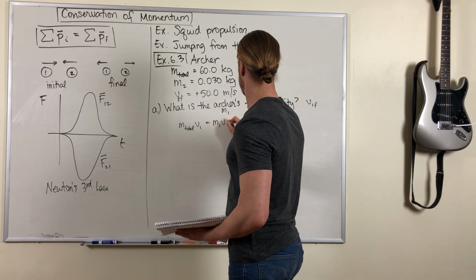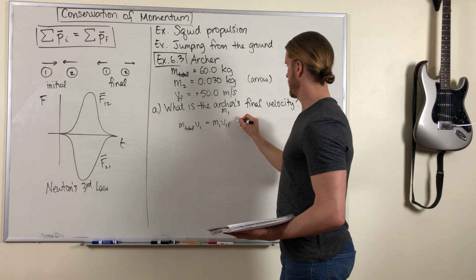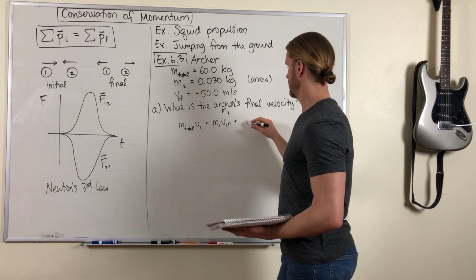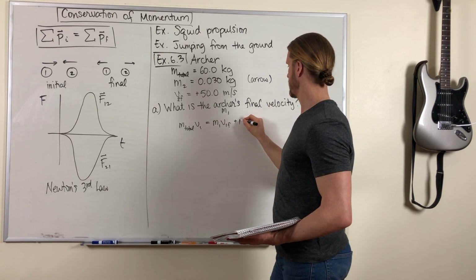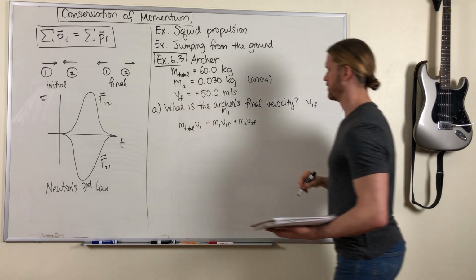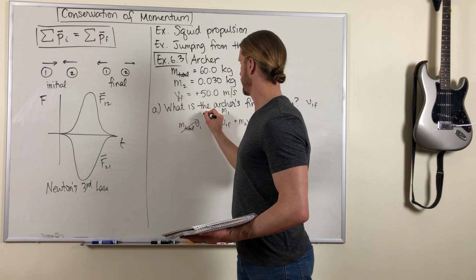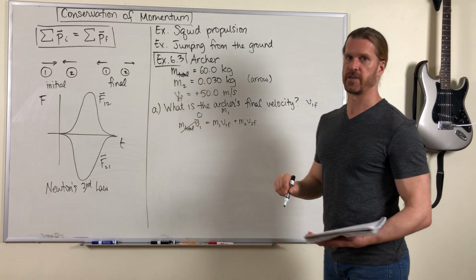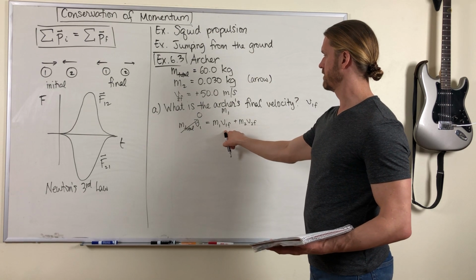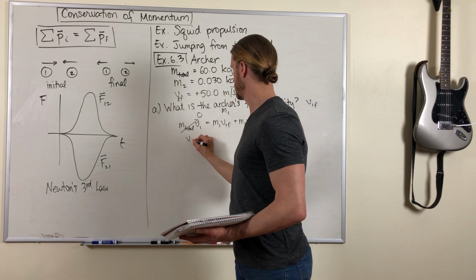And then the archer shoots the arrow, and now the archer is moving with their own velocity, and the arrow is moving with its own velocity. So that's 0 because everything was stationary to begin with. And now we can do a little bit of algebra and solve for V1 final.